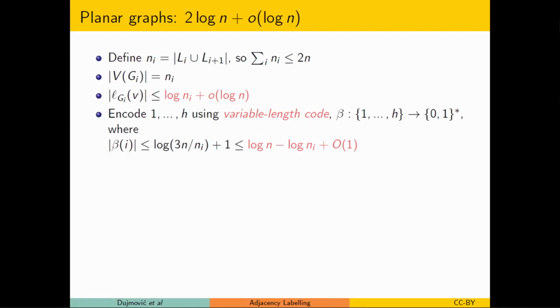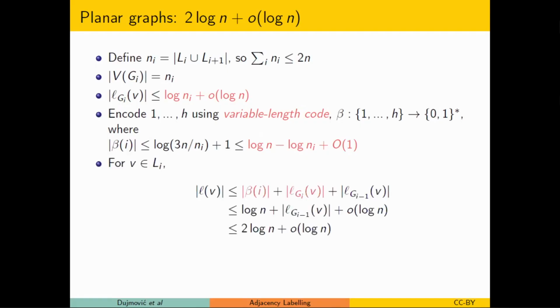It's sort of an ancient result in encoding theory that I can do this using log of this sum, which is 2n, divided by the value of I, think of that as a weight for I. And the way logarithms work, of course, is that's just log n minus log N_i.